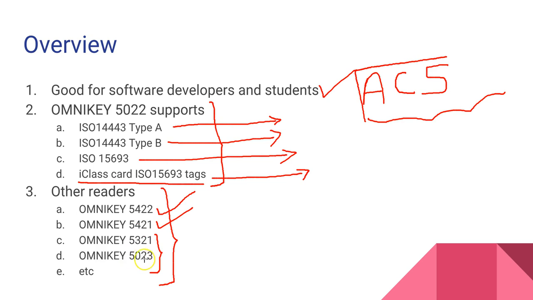The 5023 looks like a successor of the 5022, something like that. But again, I've seen the documentation of the 5023, and it is slightly different from the 5022 as well. So you have to understand the features of all these reader writers before you decide to buy any of them.